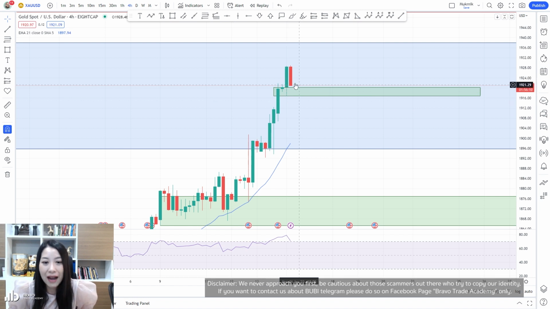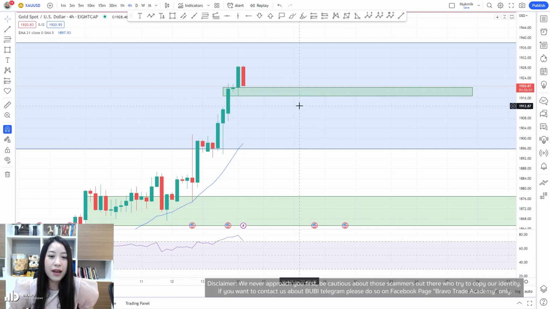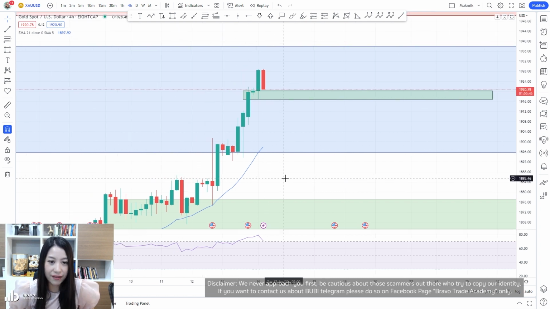So we have our demand zone, yes, and we have our imbalance in the bullish way, yes. However, the price action that is coming back down to test our demand zone is called a fast return. If we have a fast return, this zone is very dangerous.